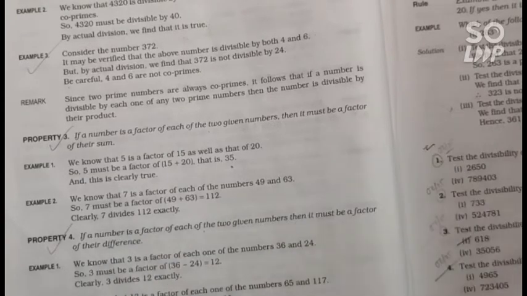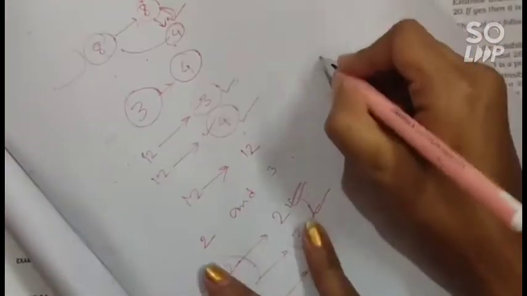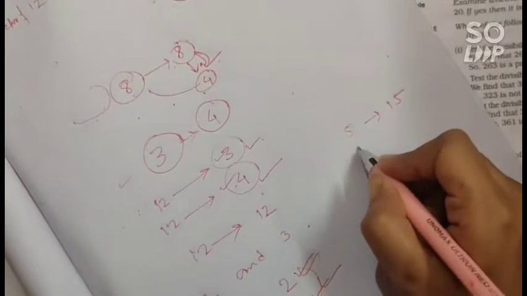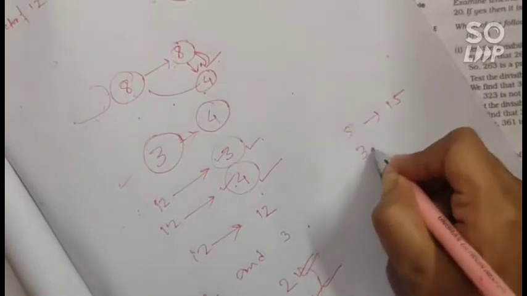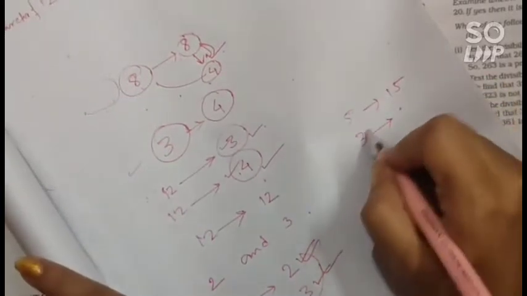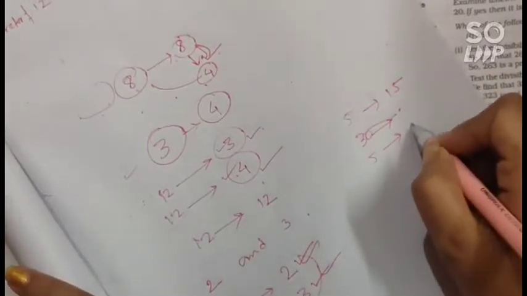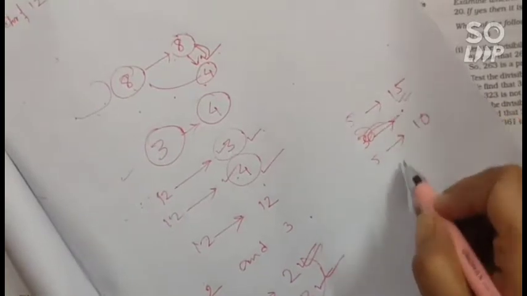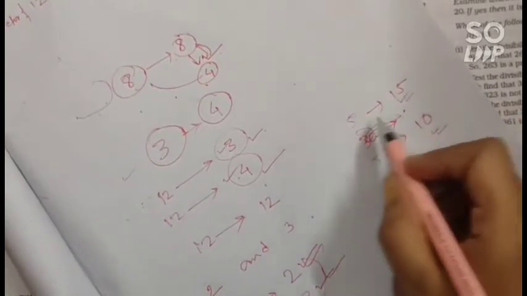Suppose 5 is a factor of 15. 5 3s are 15. And 5 is also a factor of 10, right? 5 is a factor of 15 and 5 is a factor of 10.